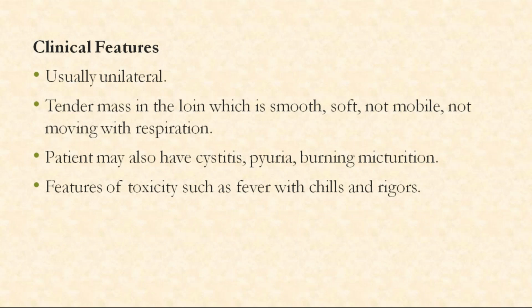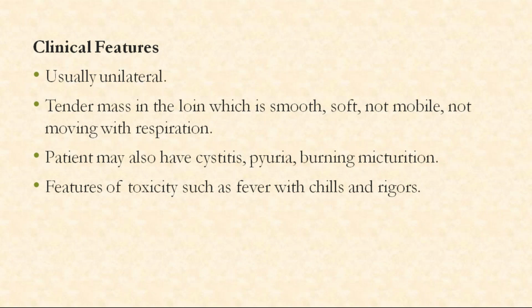Once the patient has developed pyonephrosis, what clinical features may the patient have? Usually it is unilateral, only one kidney affected. When you examine the patient, there is a tender mass in the groin or loin. It has a smooth surface, soft consistency, and is not mobile, not moving with respiration.